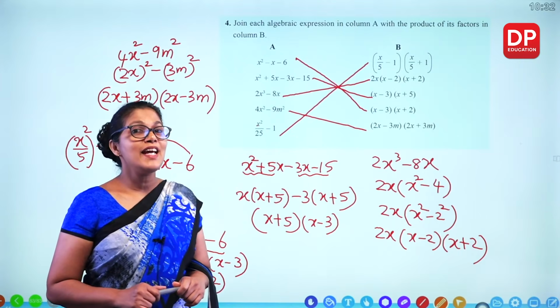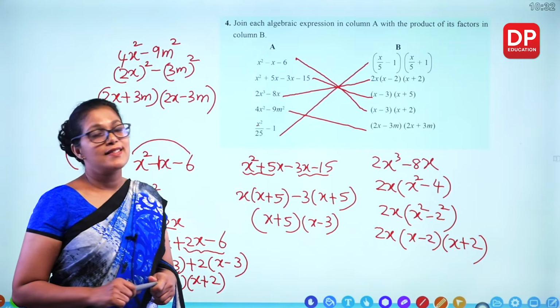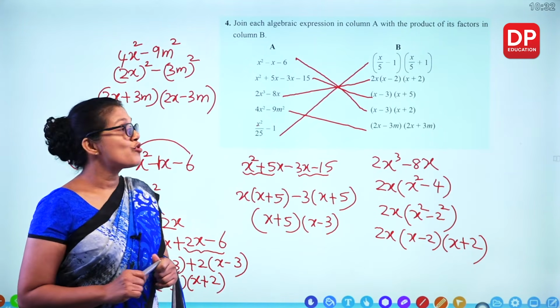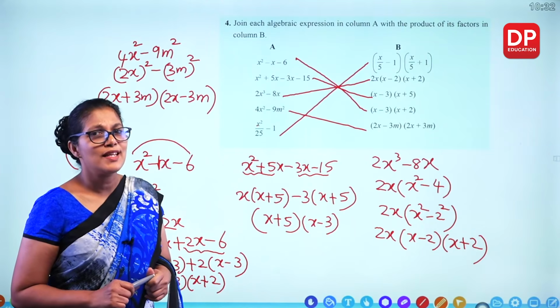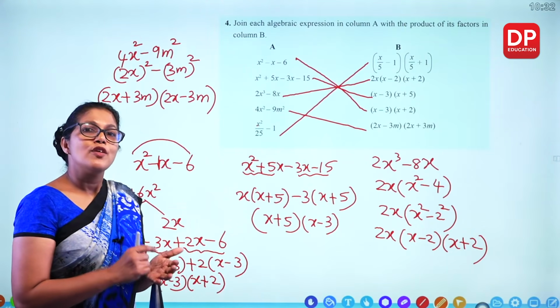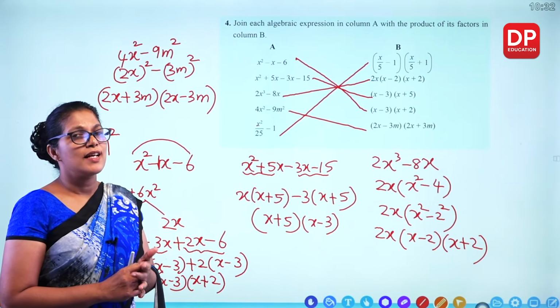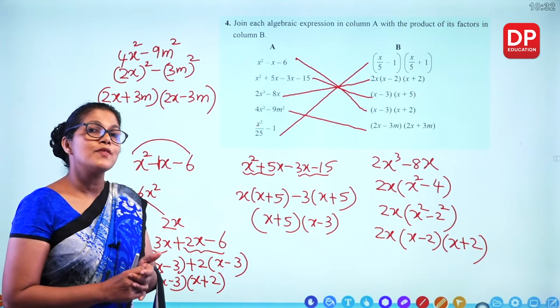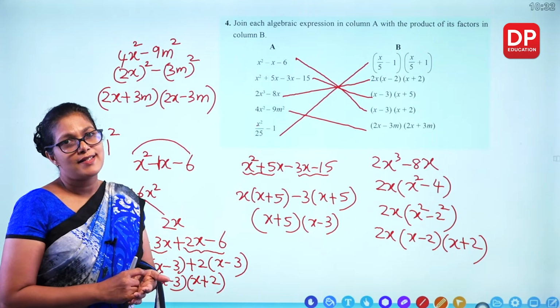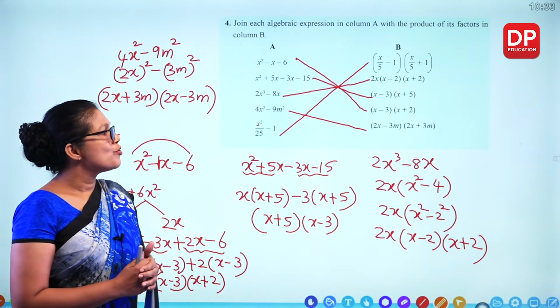So we completed all factorization methods related to your textbook. What are they? When you get a common factor, you can take it out. That's rule number 1. Sometimes you get an expression as a common term. That's rule number 2.